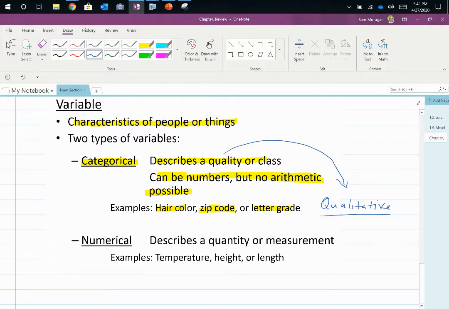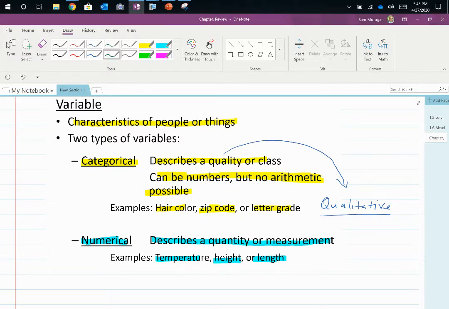Numerical data describes a quantity or measurement, for example, temperature, the height of everyone in our class in inches, or the length of the road that you drove on to get from one place to another.